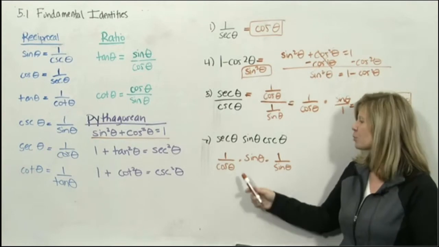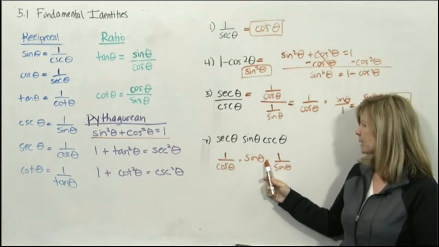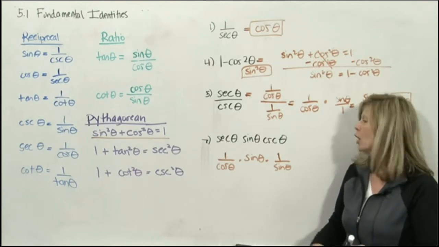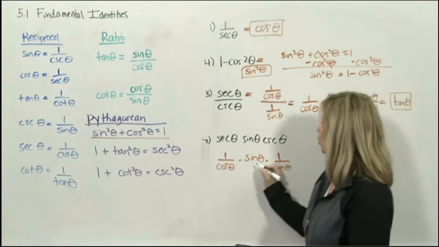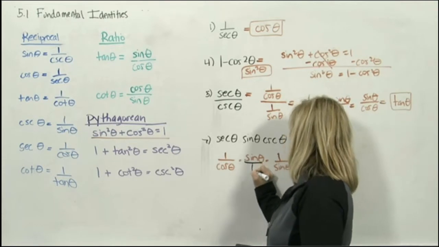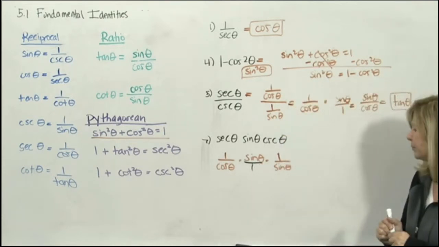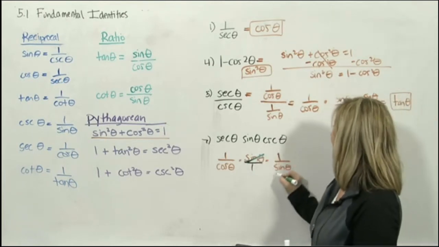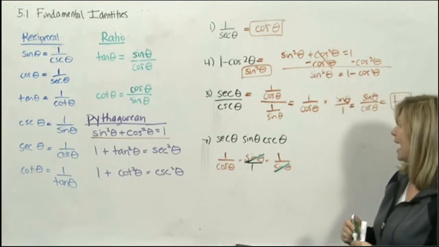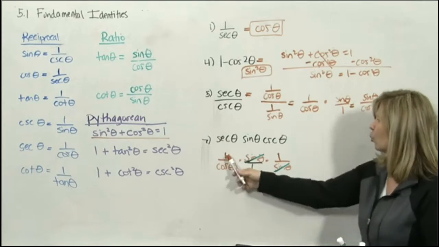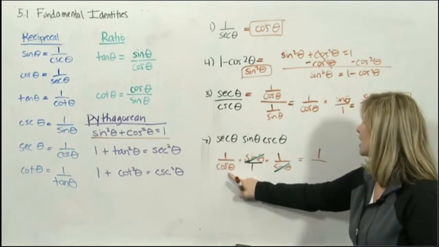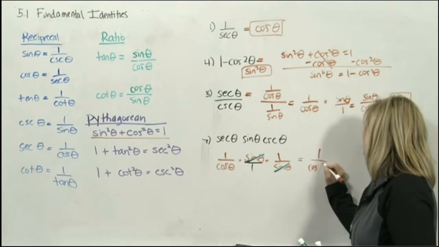But remember, in algebra, if this is connected by multiplication and these bars mean division, you can divide first. Who can divide out? Well, if I write sine as a fraction, we all know it's sine theta over 1, right? And now we have a sine theta in the numerator and a sine theta in the denominator, which will cancel out, which just leaves me with 1 times 1, which is 1, over cosine theta times 1, which is cosine theta.